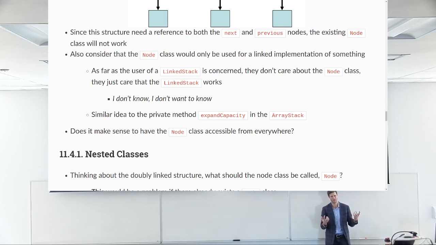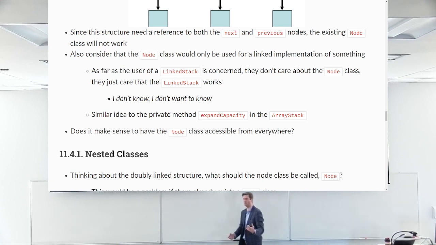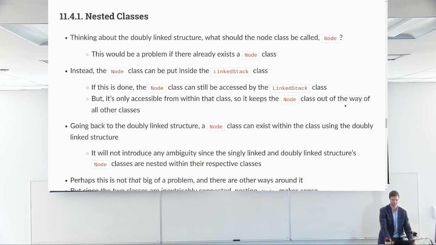outside. So what we do is we take that same idea, the exact same idea we had by making that method private: we can make a whole private class and put that class inside the linked stack. This is called a nested class.